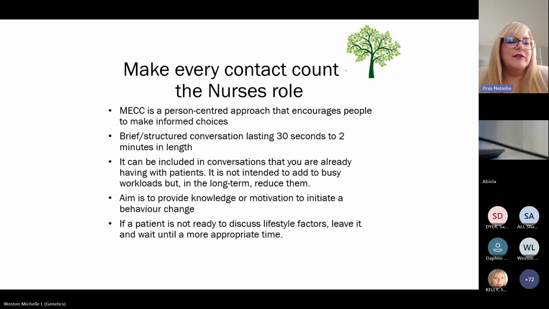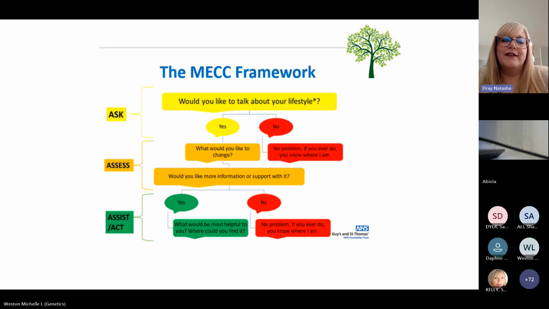And it's probably something that you might be doing every day yourselves, and maybe don't even realise that is happening. So this is our MEC framework that we use, and it follows ask, assess, assist, and act. And as Michelle said before, it's very useful in our clinics as we discuss lifestyle factors, because we know that the majority of cancers are sporadic due to chance.